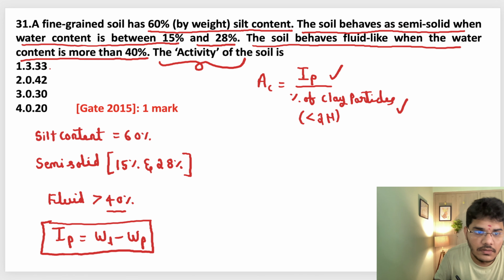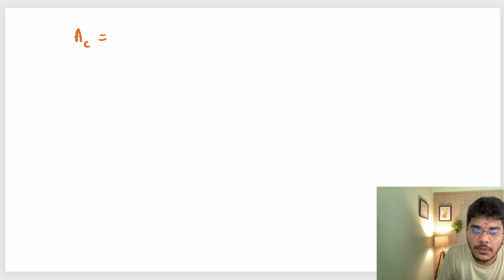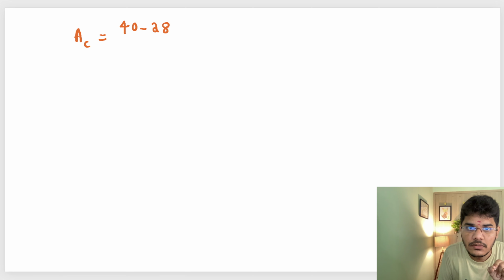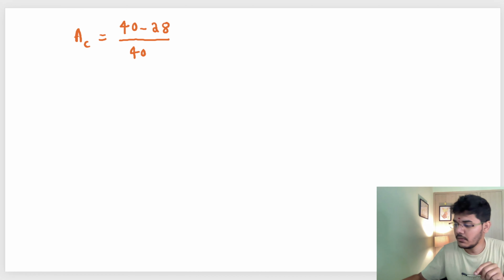Let us calculate the activity number. Activity number A_C is equal to IP, and IP means WL minus WP. WL is 40 minus WP is 28, divided by the percentage of clay, 40%.